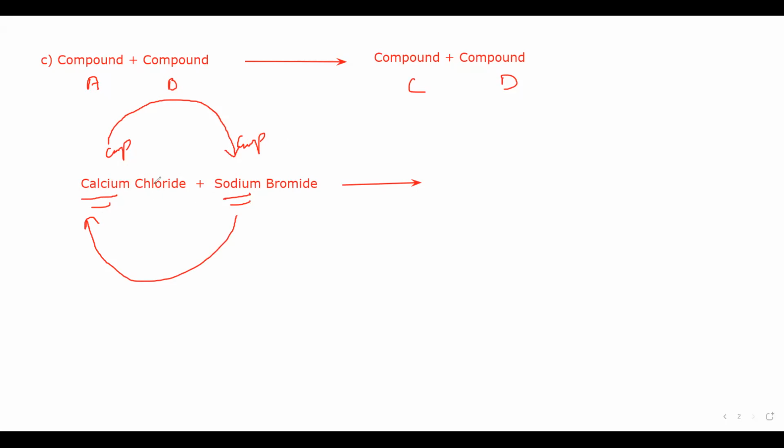So what will be the result if calcium chloride is mixed with sodium bromide? Because sodium will take the position of calcium, the result will be sodium chloride plus calcium bromide.